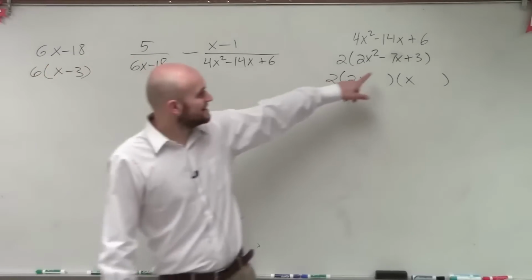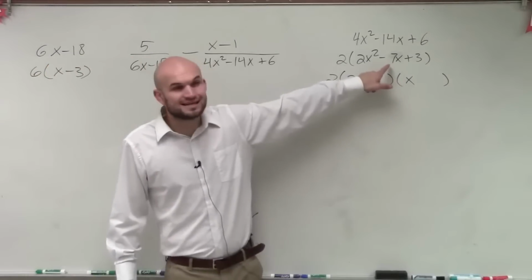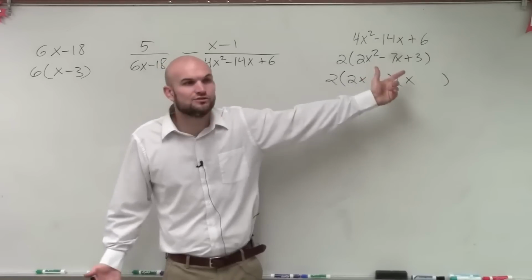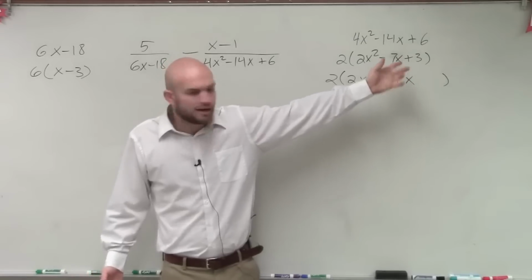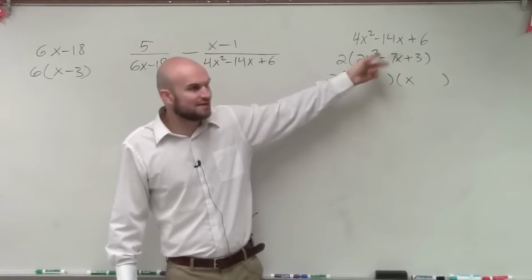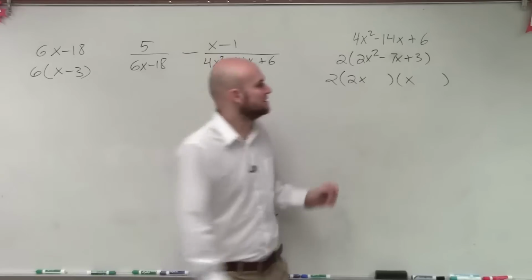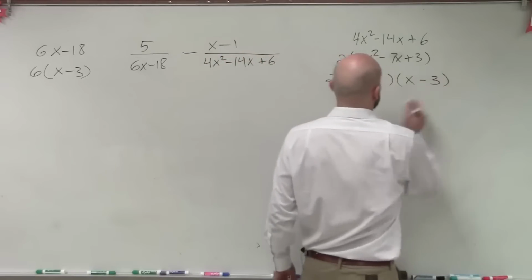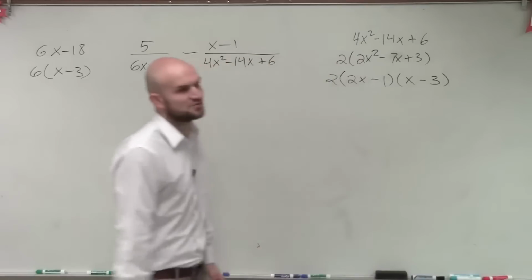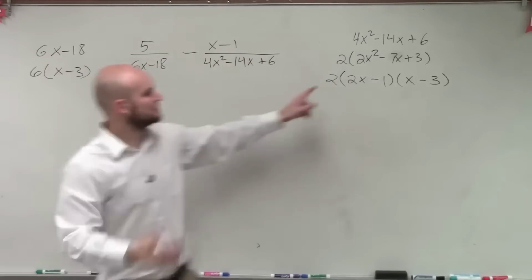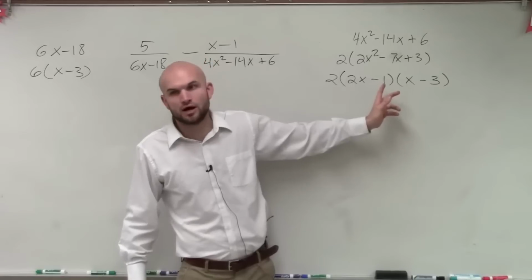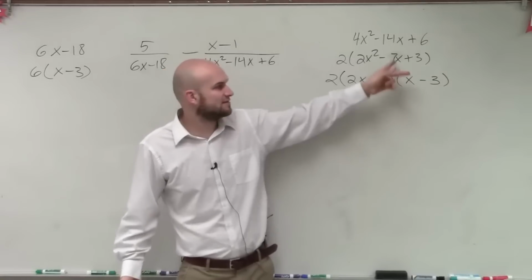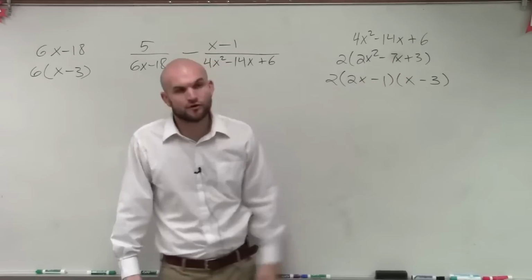But since I know this is a negative middle term, the two factors have to be negative 3 and negative 1. And to get to 7, I'm going to have to multiply 2 times 3. So this is going to have to be x minus 3, and that would have to be x minus 1. Because if I swap those, 2 times negative 1 would give you negative 2, and x times negative 3 would give you negative 3. That would give me negative 5, but I need negative 7. So therefore, I can get to it.